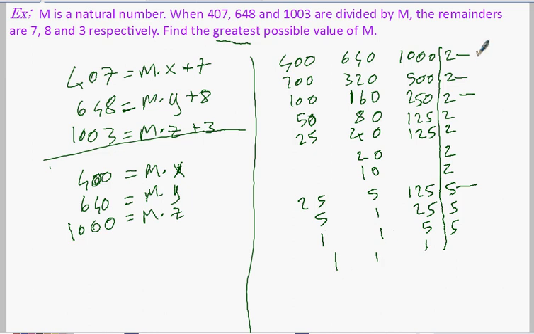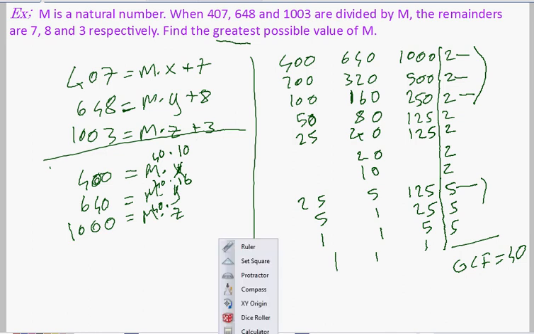So the greatest common factor is 2 cubed, 8, times 5, 40. GCF is 40. So m can be 40 here, 40 here, 40 here. So they can all be written as 40 times 10, 40 times 16, and this one can be made 40 times 25.